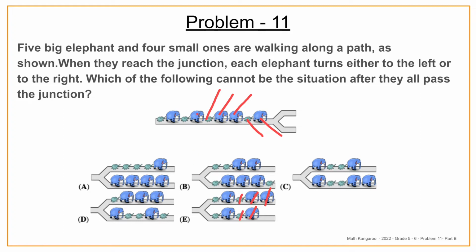Then let's take either left or right. So we pick left, these 2, and then these 2 onto the right. So this is a possible solution. So we cannot have option E. So our answer is option C.